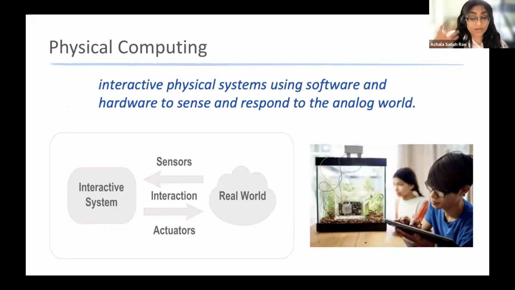We're gathering real-world information with temperature and humidity and light sensors, and we're telling that to our interactive system, aka computer or a microcontroller, and we're using actuators, things like valves and levers, to control for action. So this together comprises physical computing.